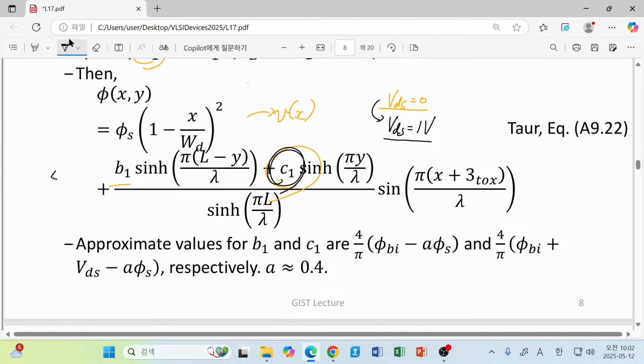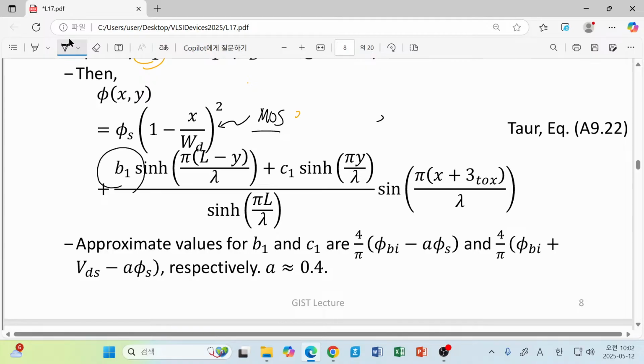So now you have a new expression, although it looks a little bit complicated. But please note that once again, this is long channel MOS, not MOSFET, but MOS capacitor. The impact of the source side corresponds to this B1 function, and C1 corresponds to the drain, and of course we have a mixing term. What is it?